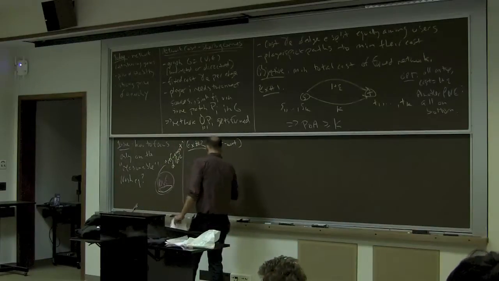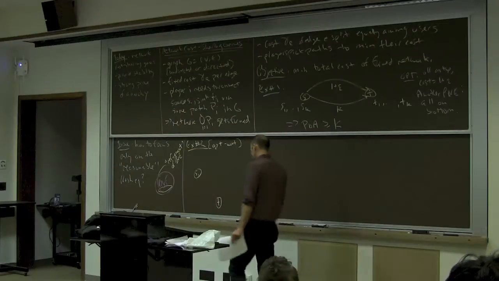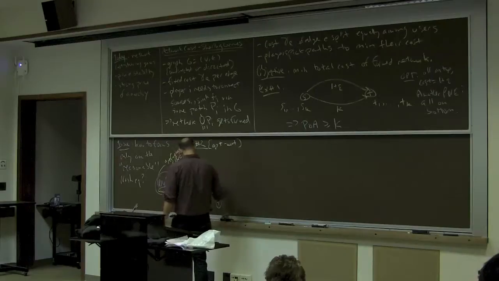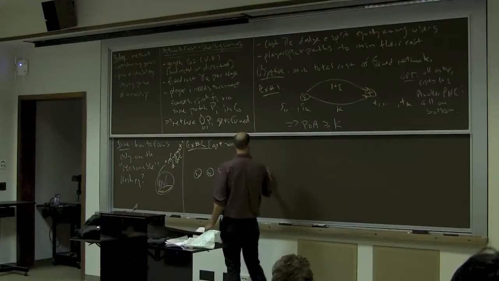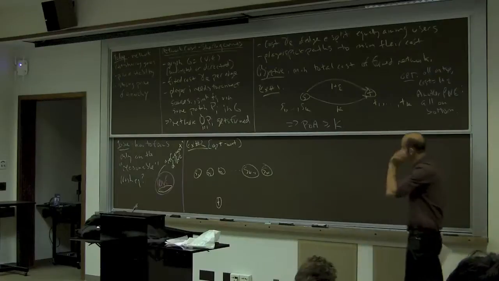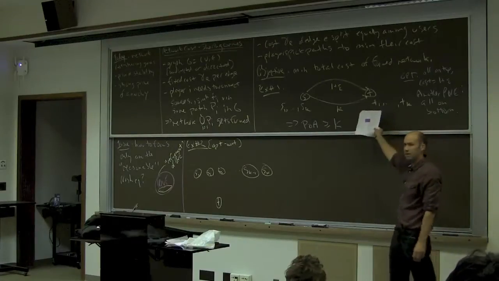All the players are going to have the same destination now, but different sources. There are k players. Also, unlike the previous example, it's going to be crucial here that the graph is directed. Before, it didn't really matter if it was undirected or directed.